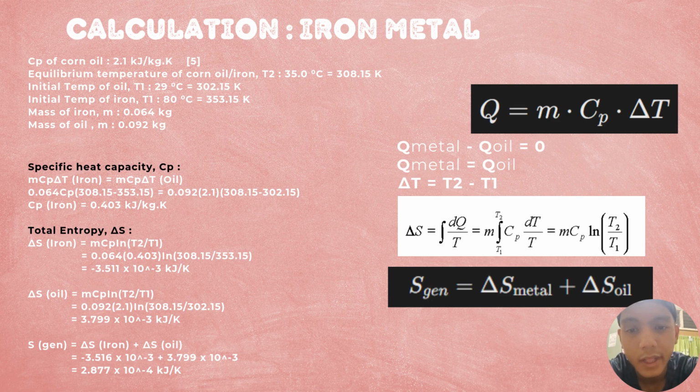And then delta S oil is 3.799 times 10 power of negative 3 kilojoule over Kelvin. And last but not least, S generation, we can get the value at 2.877 times 10 power of negative 4 kilojoule over Kelvin.